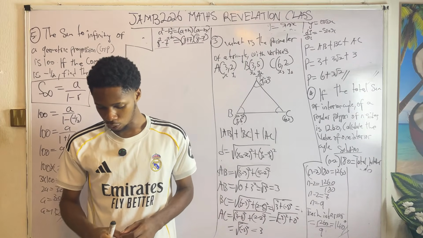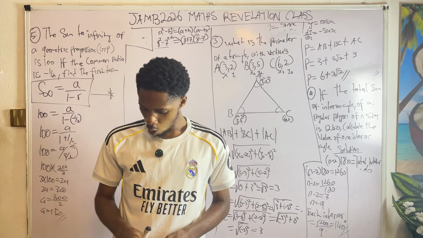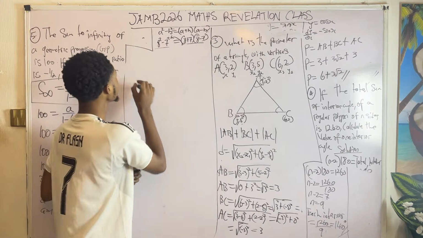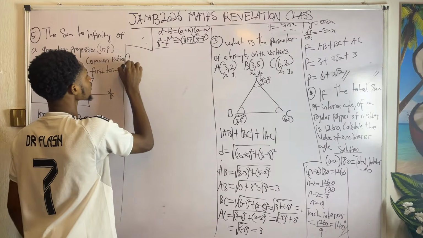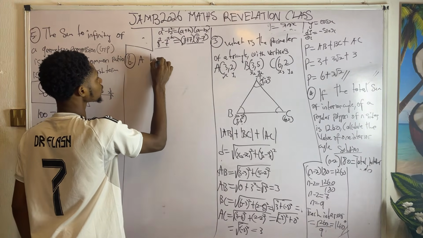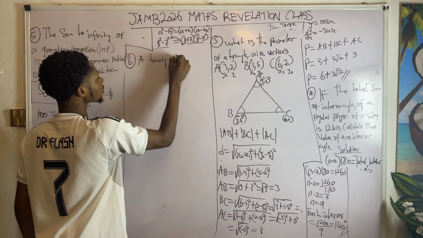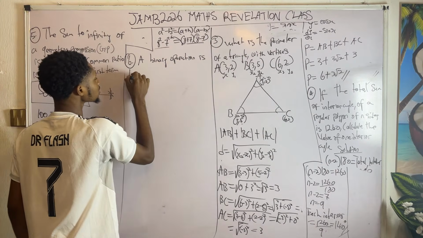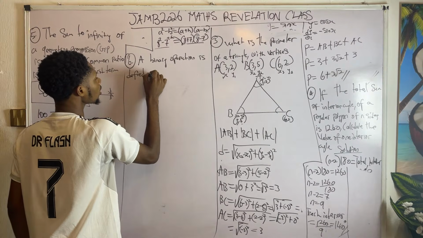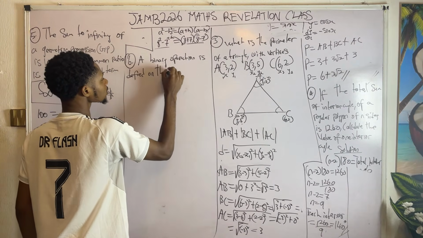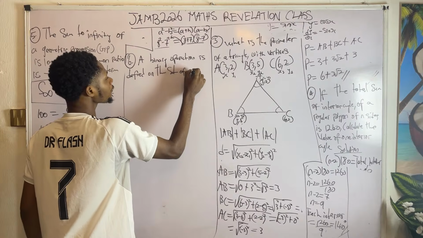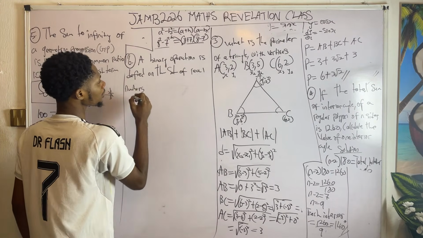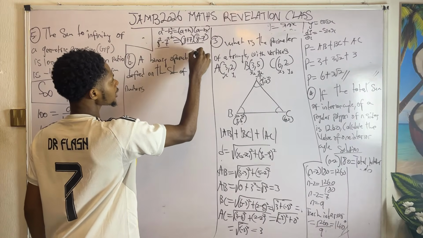A binary operation is defined on the set of real numbers. Okay, this is question 6. They actually give us the operation, and this is the operation.